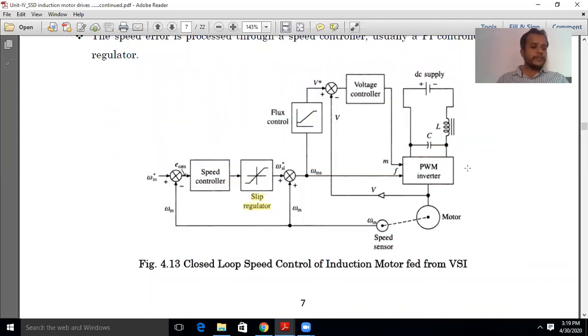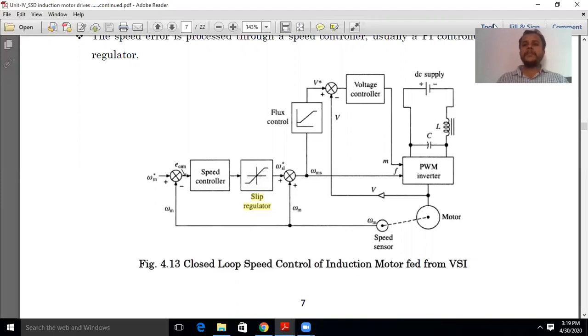Under VSI, the voltage source inverter, you remember it is connected to the PWM inverter. The PWM inverter has the capability to control voltage and frequency internally.